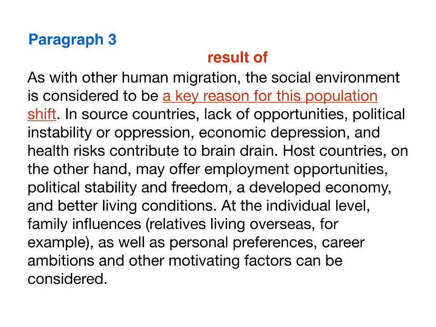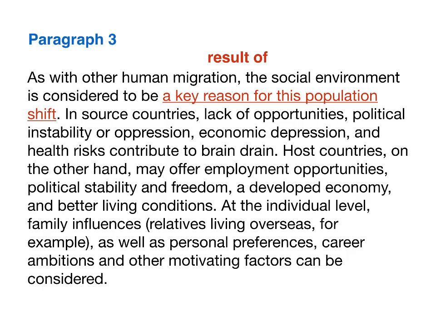better living conditions. At the individual level, family influences, relatives living overseas, for example, as well as personal preferences, career ambitions, and other motivating factors can be considered. Now, this is a good example of why multiple choice questions can be confusing. We've got keywords in this paragraph that look very similar to words in all four of the choices in our question.